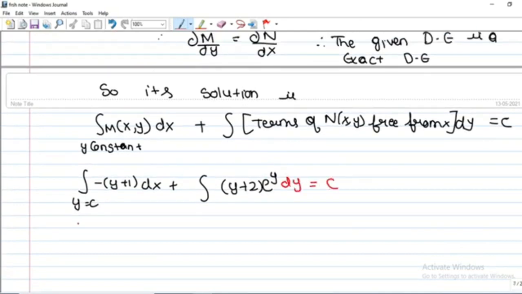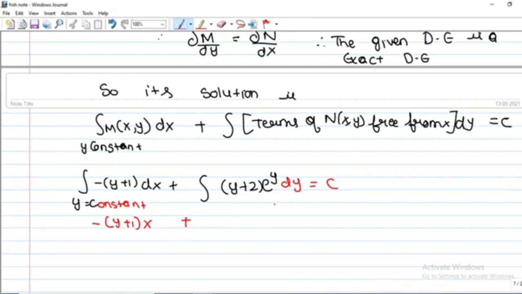And then c, if I integrate this, what will we get? We are keeping y constant, so don't get hasty and integrate this. Y is constant. So what you are going to get is minus y plus 1 times x, plus, if you try to integrate this, just remember what I told you.